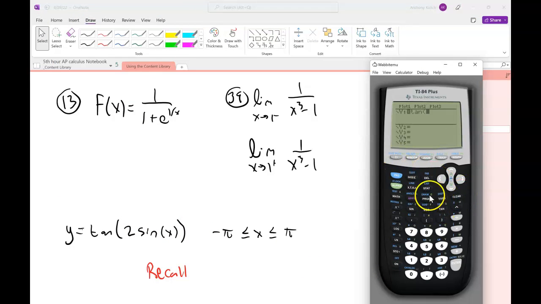Yeah, let's just look at the graph, right? So I'll do zoom trig and just see what we get. So again, each one of these is half a pi, so it looks like negative half a pi and positive half a pi give us undefined, right? Everybody agree?